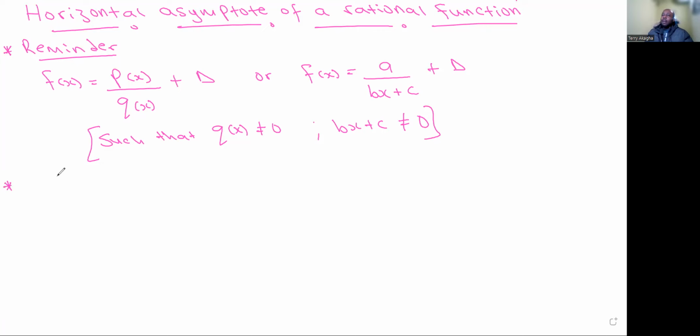I'm going to write it down because I know some of you take notes as well. So a horizontal asymptote of a function is an imaginary line.